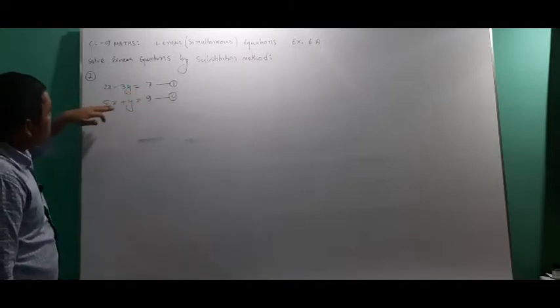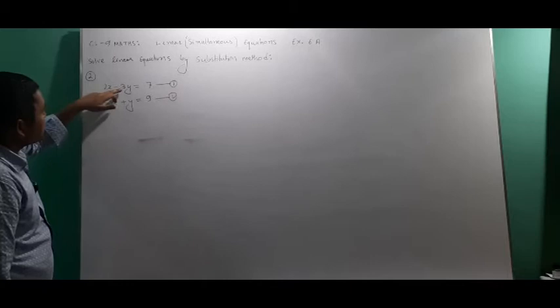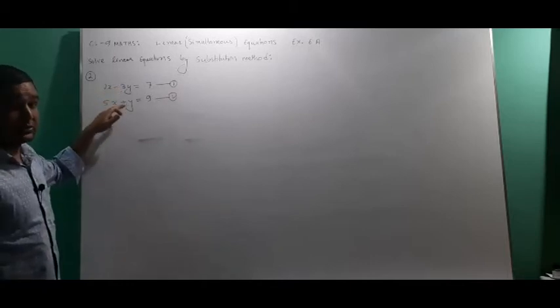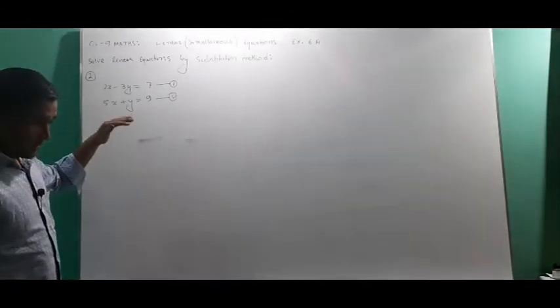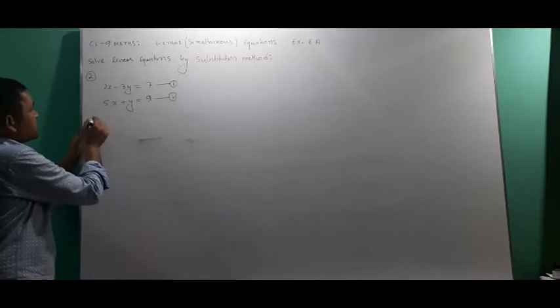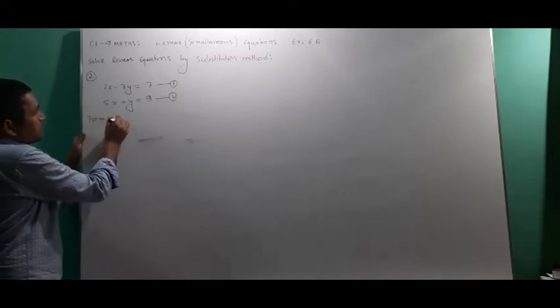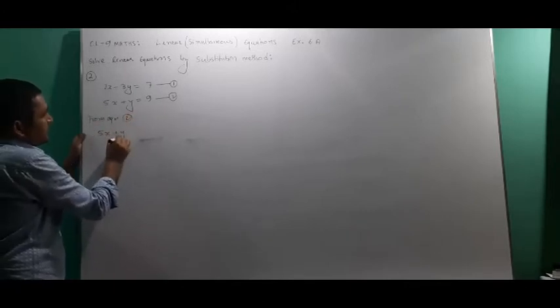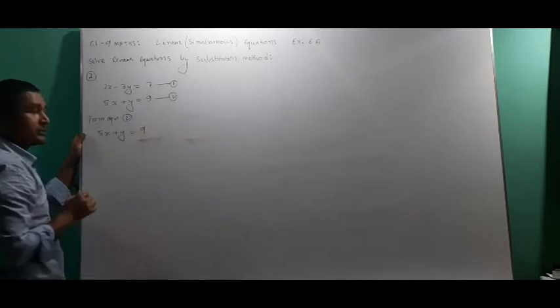Now just choose the equation. The coefficients are 2, 3, 5, and there is a coefficient 1. That means it is better to use the second equation. So from equation 2, 5x plus y equals 9.